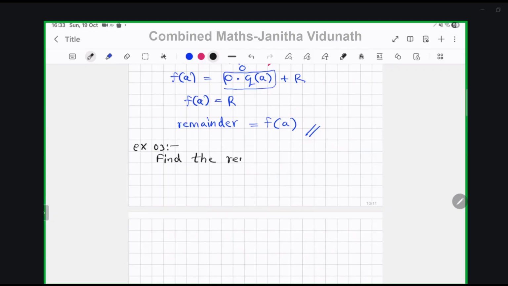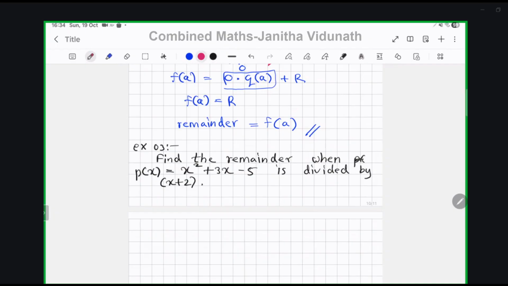Find the remainder when p(x) is equal to x squared plus 3x minus 5 is divided by x plus 2.